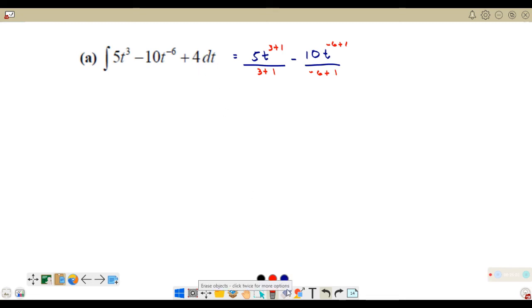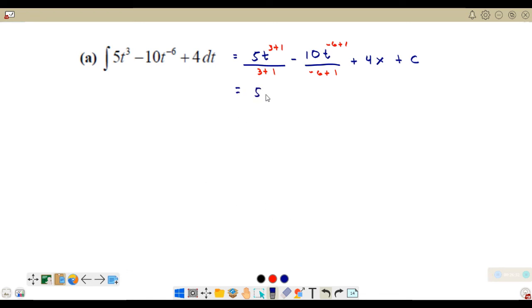Di ba kanina na-discuss na natin yan, na kapag meron kang constant na 4, didikitan mo lang siya nung variable na kino-consider natin for the function. So, kung ito ay meron kang 4, meron niyang x raised to 0 talaga nakalapit, therefore, you will have 4x. And at the end of your integral, you have to attach the constant c. So, plus constant c.